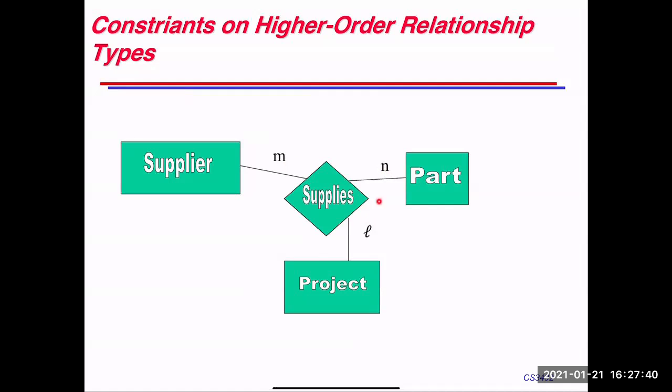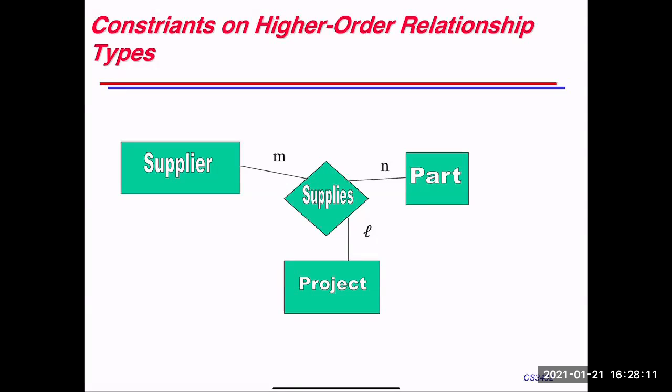In general, it means that the cardinality of each entity type in a relationship is the number of distinct values for that entity type that can be associated with each valid combination of the other entity types. Okay, so this is exactly what we get in the binary case too, if you think about it, right?